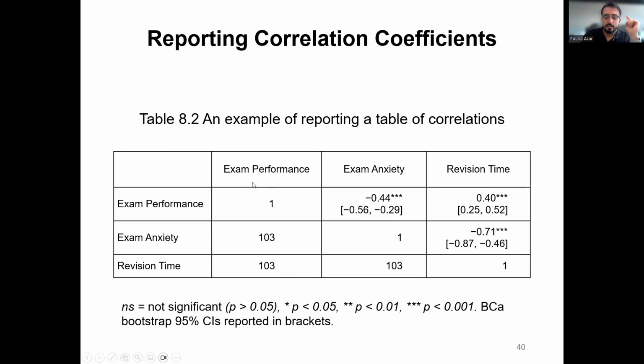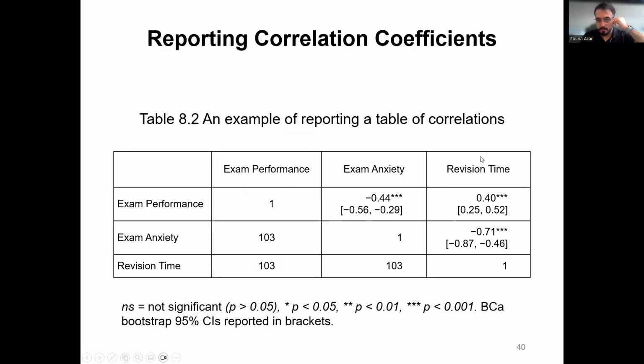Look at this: exam performance and exam performance, the value of Pearson's r or rho is 1, which means a perfect positive relationship, because we are looking at the correlation between exam performance and itself. So we don't care about that diagonal line.